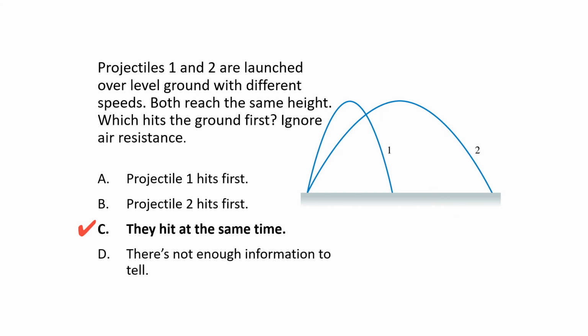If you say they hit at the same time, you are correct, because they are falling from the same height. So even though projectile 2 has more velocity in the x direction than projectile 1, the only thing that will affect is the range that projectile 1 will have.